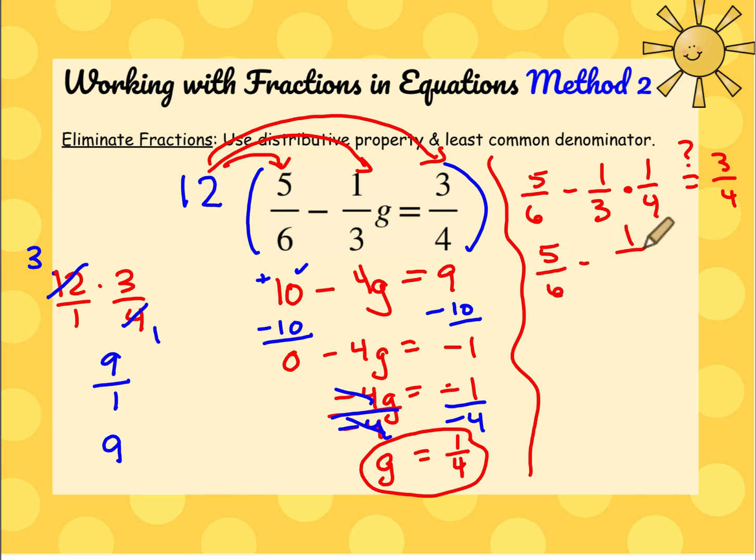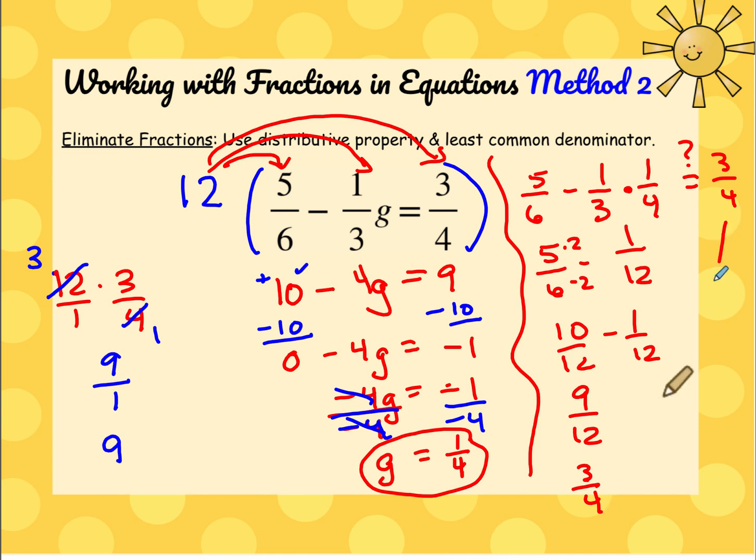So that's 1 times 1 is 1, 3 times 4 is 12. Common denominator, so I'm going to multiply 6 times 2 and 5 times 2, which gives me 10/12 minus 1/12, which is 9/12, which gives me 3/4, which is exactly what I was supposed to get. So that tells me that 1/4 is indeed the correct solution.